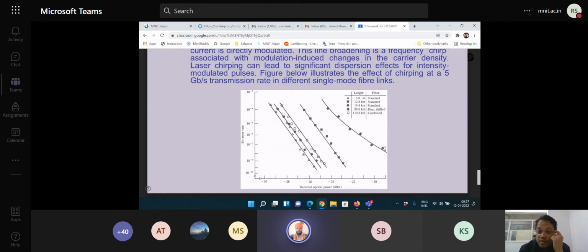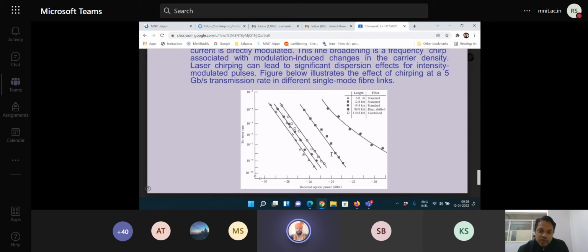As the distance is increasing, the bit error rate is increasing. This is hardly for 19.4 kilometers, but you can get the same or even slightly better error performance if you're using dispersion shifted fibers.